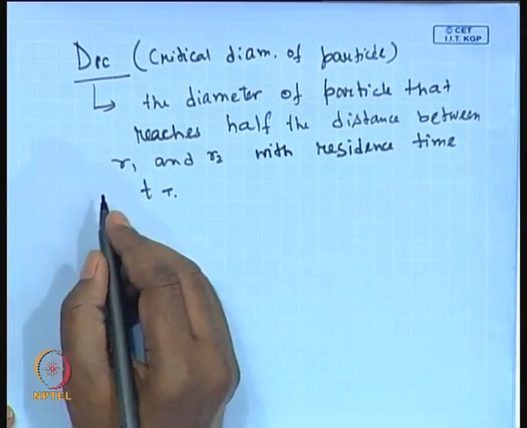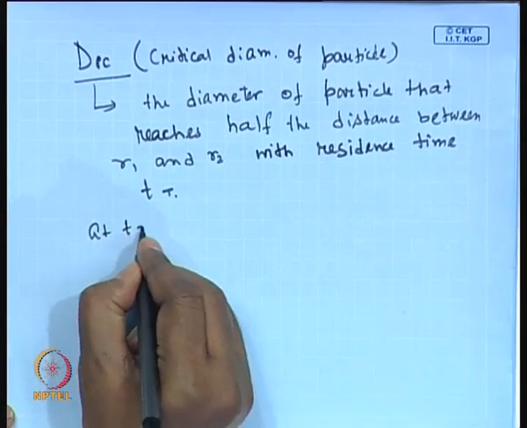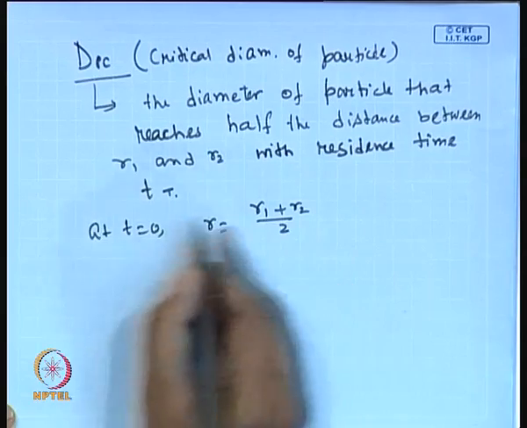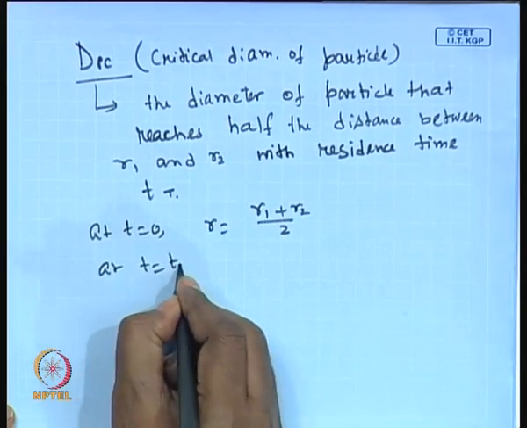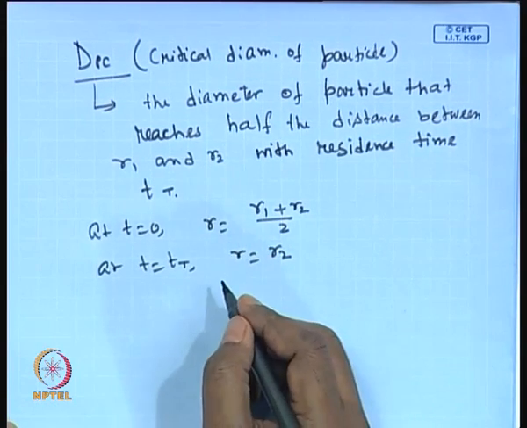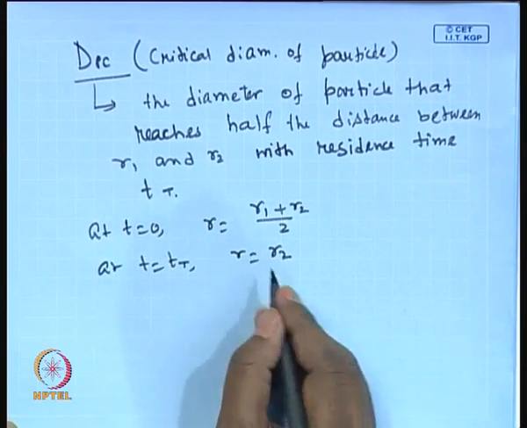Okay. That means, at t is equal to 0, r is equal to (R1 plus R2) by 2, and at t is equal to theta, r is equal to R2. Therefore, the critical flow rate can be calculated with this cut point.